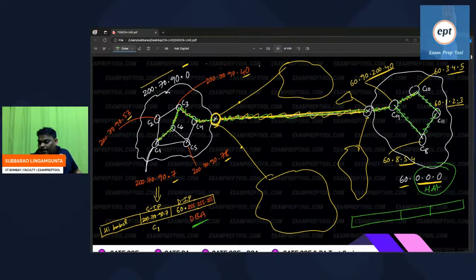Let us assume that in the right network, one of the persons is C10. You want to send one message, hello all. Can you say what the C10 IP address is?